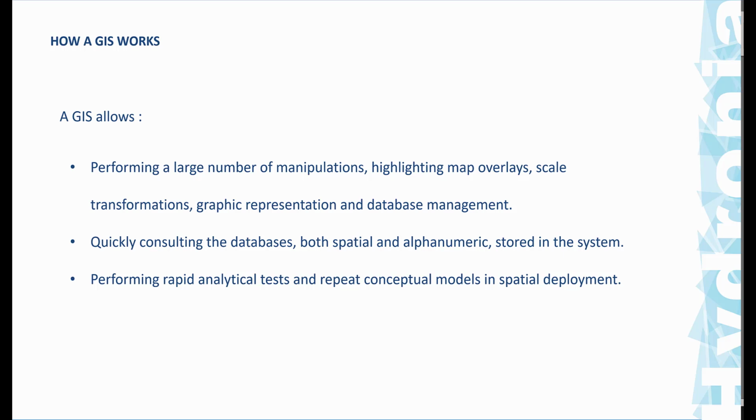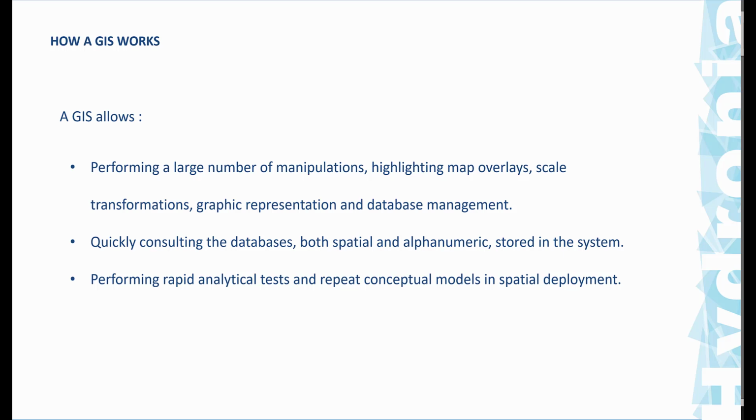A geographic information system works like a geospatial database. Its first function is to store information in a structured way. The main use given to a geographic information system is the manipulation of spatial layers, mainly analysis of layering and the relationship between the layers.